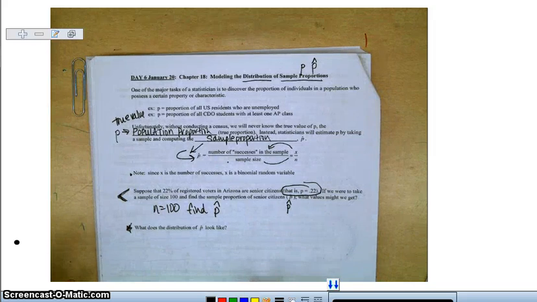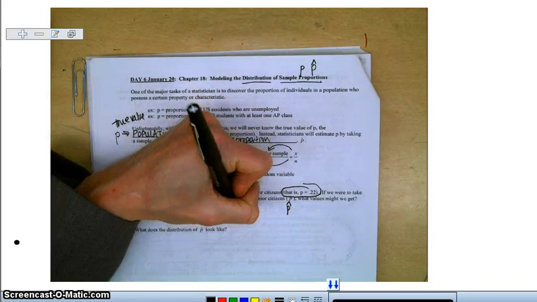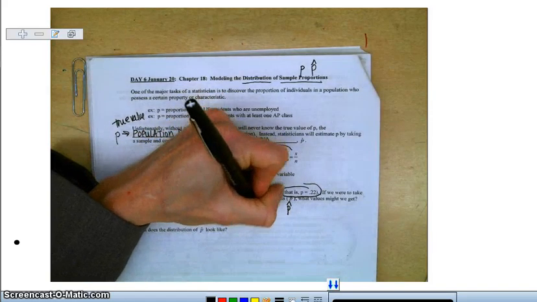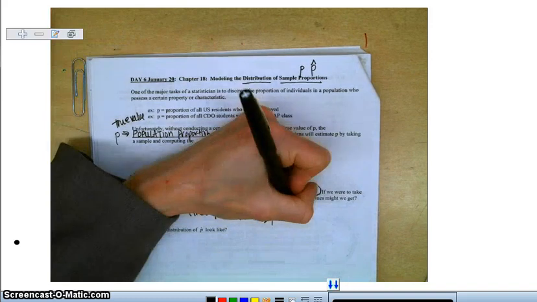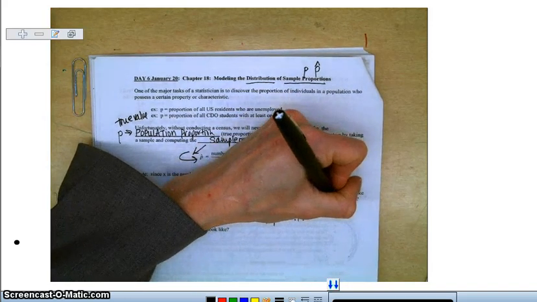If the true value is 22% and every one of us goes out and collects a sample of size 100, maybe the sample proportion is 0.21 or 0.20 or 0.23 or 0.24 or 0.19 or 0.25 or 0.17, okay?